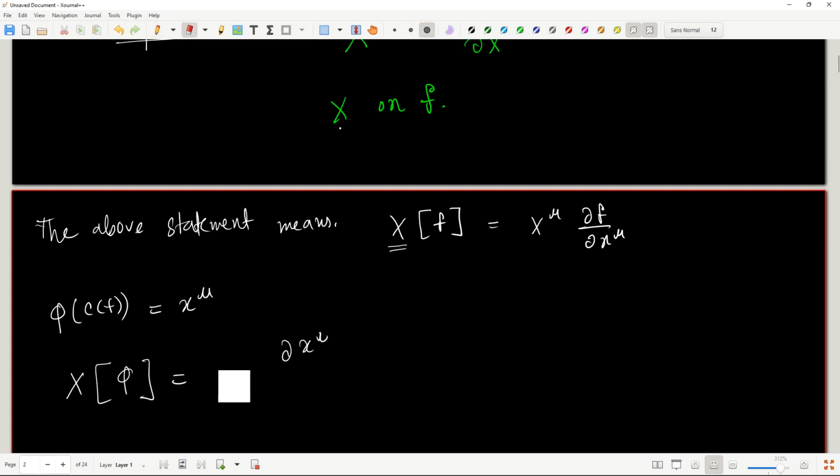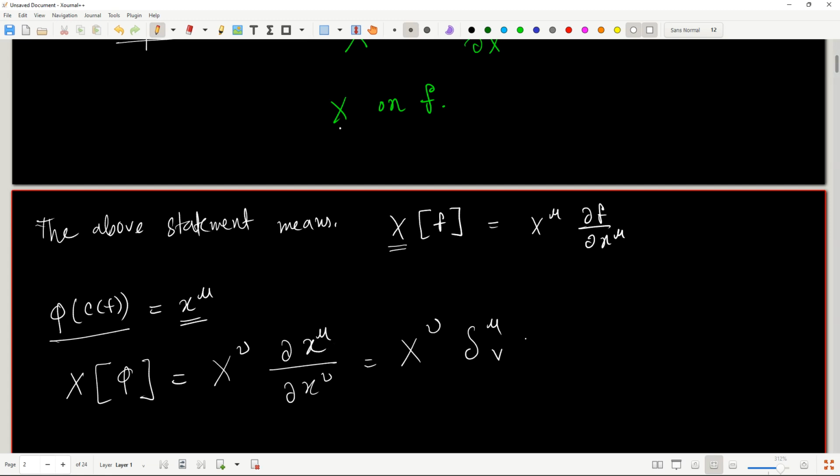Sorry, let's not use mu, otherwise it will be a bit confusing. Let's use nu, and this is del x mu, because phi is just x mu, so I'm writing x mu directly. Del x mu over del x nu is just delta mu nu, so this gives capital X of nu. This is just X of mu. But X mu was just the derivative in terms of the parameter on the curve at t equals 0.